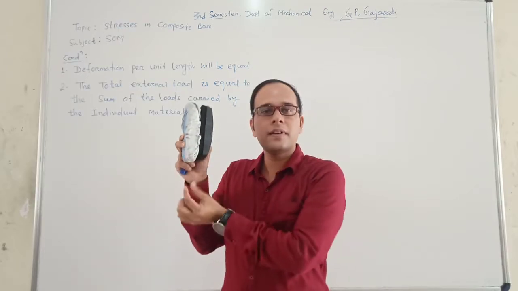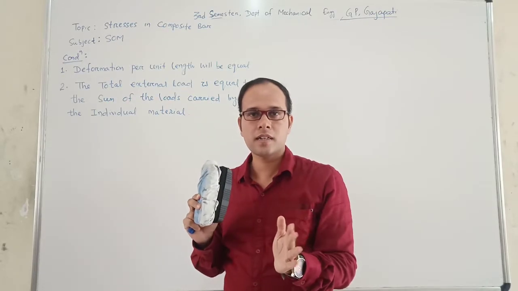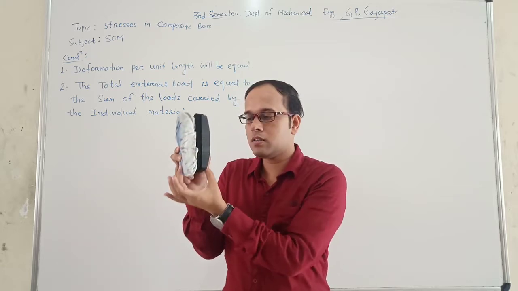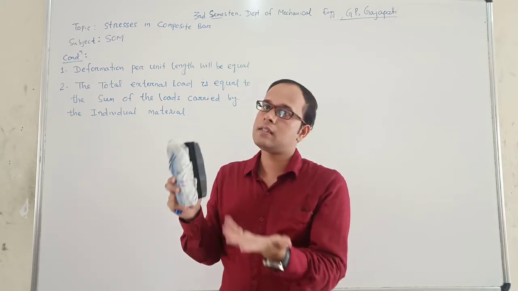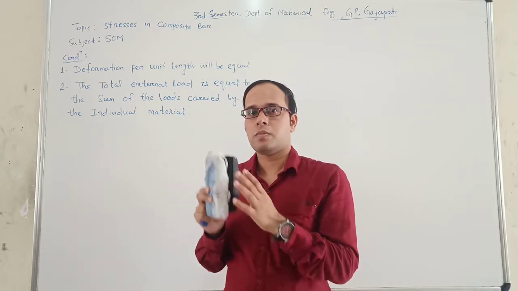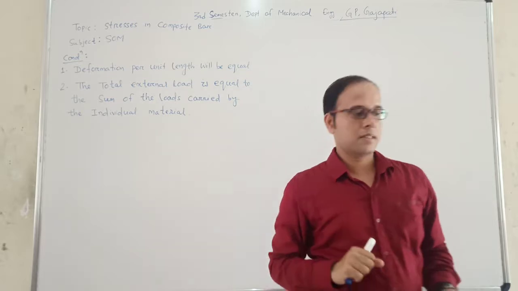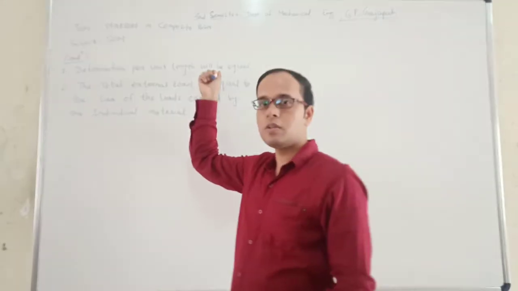Otherwise we can't call it a composite material. If it elongates by different amounts, it is not a composite material. If the load shared by individual materials is not equal to the applied load, then it is not a composite material. So for a composite material, these two conditions should be satisfied. What is the first condition? Deformation per unit length will be equal.